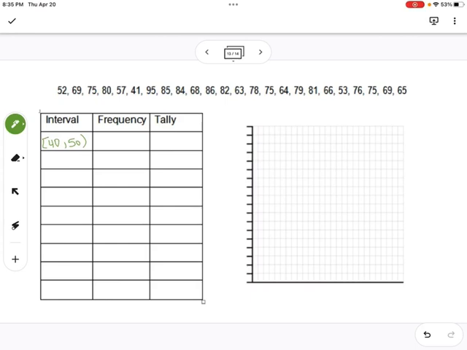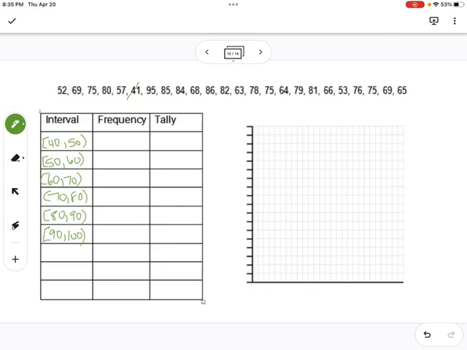The next one includes 50, goes to 60, and then 60 to 70, 70 to 80, 80 to 90, and we know our highest number is 95, so we need to keep going. It'll be 90 to 100. Okay, so we are going to do a tally of how many go in each interval and figure out our frequency from there.